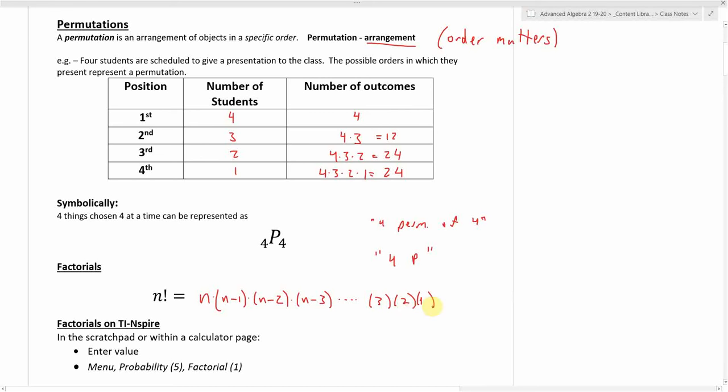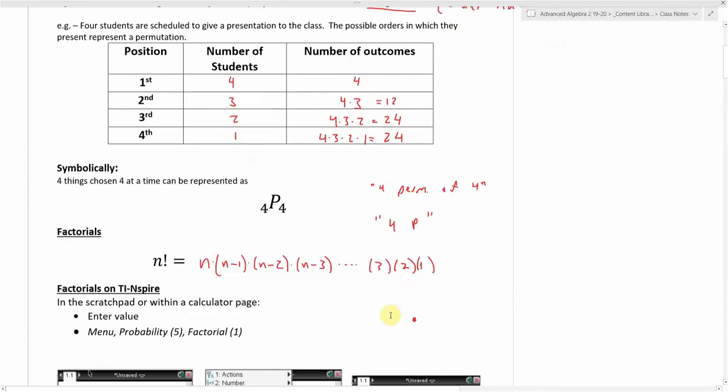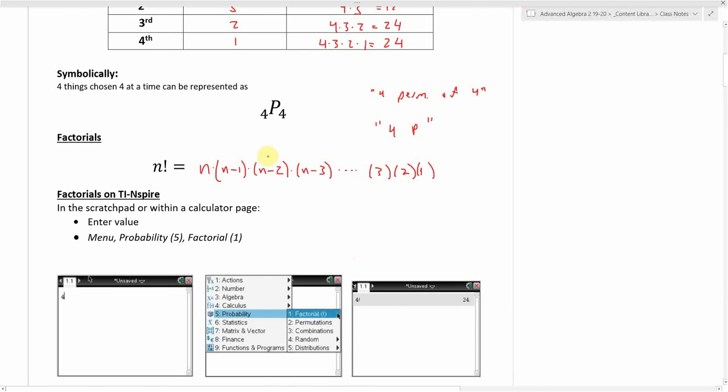This is n factorial. That's what the operation means. It's important that you can do that in a calculator.